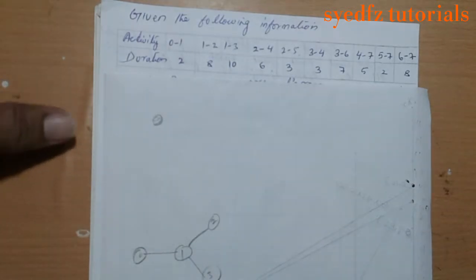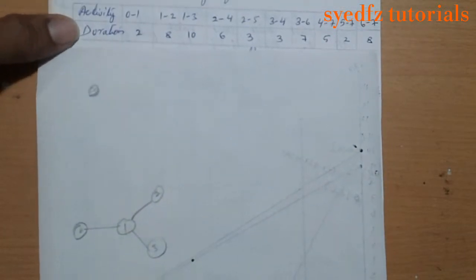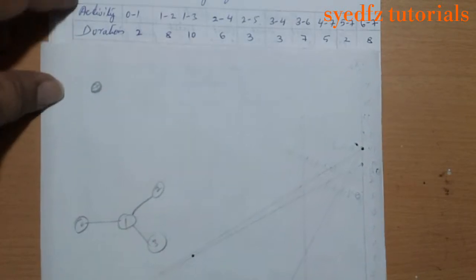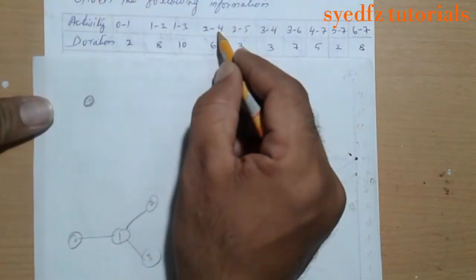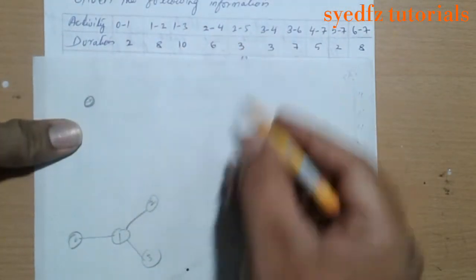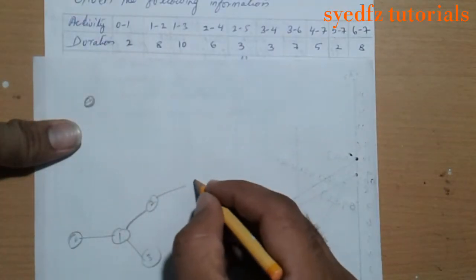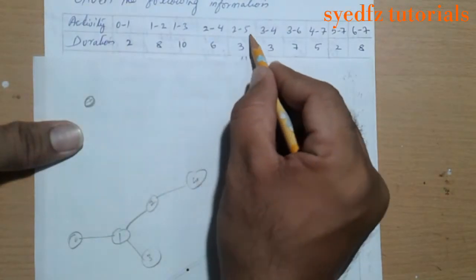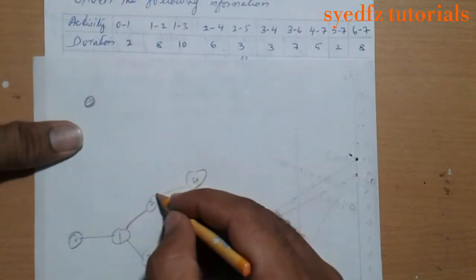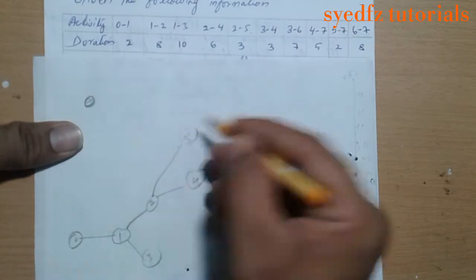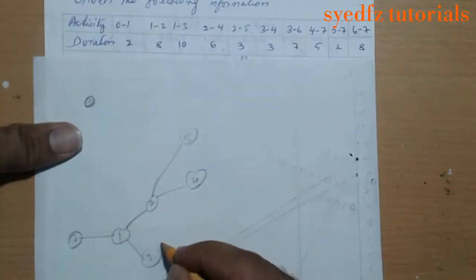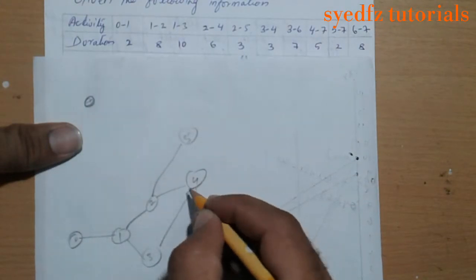After 1 to 3, next is 2 to 4, meaning this is 4, where one activity will execute. Then 2 to 5, another activity. Now 3 to 4, here 3 to 4.